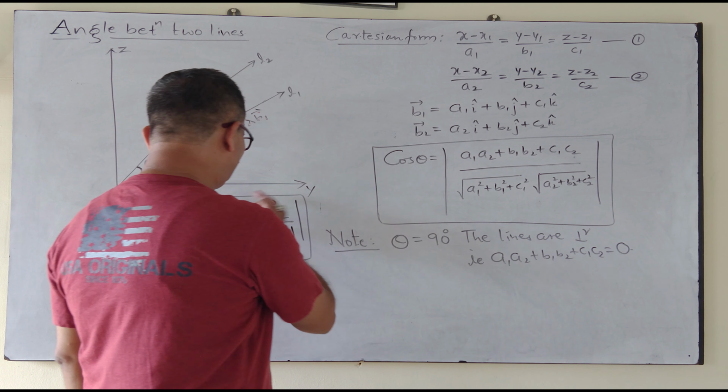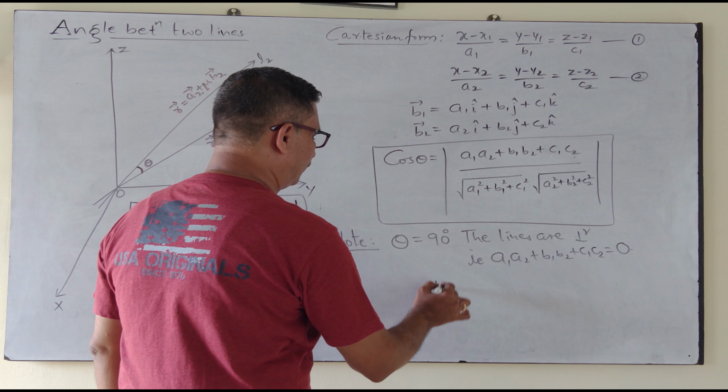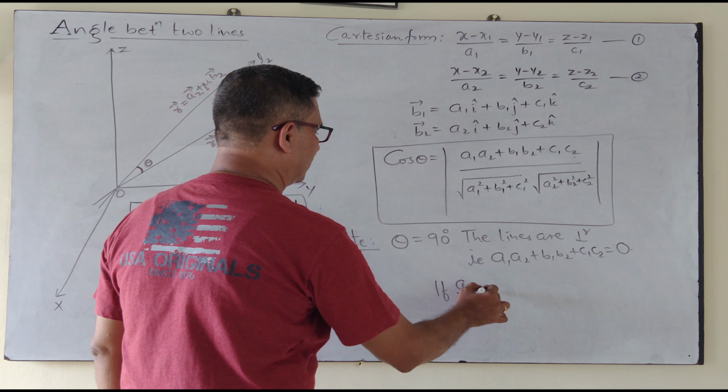Whereas after solving the cos theta value, if a1 by a2 equals b1 by b2 equals c1 by c2, if all terms are equal, then the lines are parallel. Remember, the lines are parallel. ಯಾವಾಗ parallel ಆಗುತ್ತೆ? a1 by a2 equals b1 by b2 equals c1 by c2. Then the lines are parallel. If a1 a2 plus b1 b2 plus c1 c2 is equal to 0, then the lines are perpendicular. Remember these two notes.